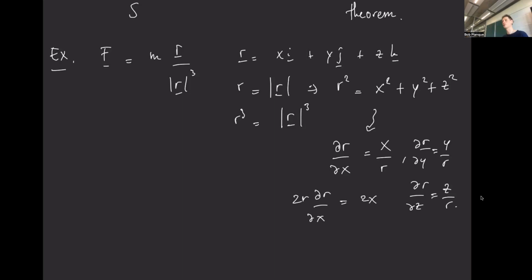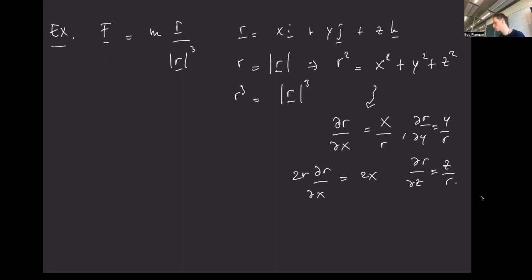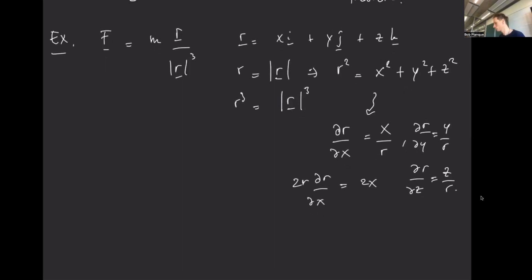So these are just a few preliminary things that I will need in a minute. And with it, I can check that this vector field is divergence free, which, because it's a force field, I don't have a particular intuition for. I'm also not a physicist, I suppose.